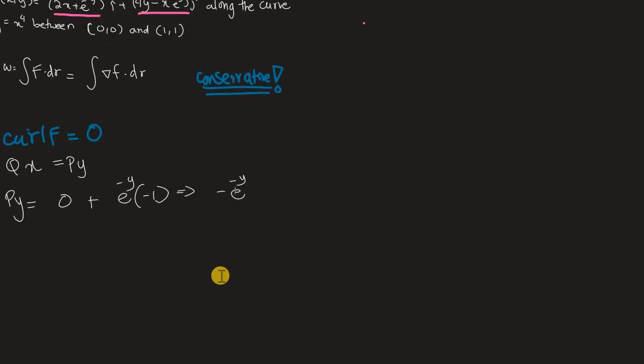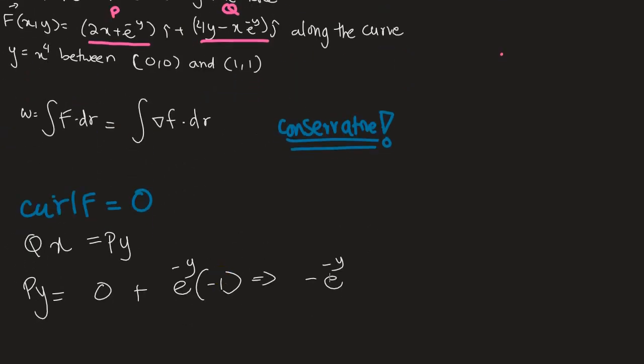Okay. So what's next? So we have q of x next. Partial derivative of q with respect to x, that means y is treated as a constant. So y goes to 0, and then this x is 1 because the derivative of x is 1, right? And then the constant stays over there.